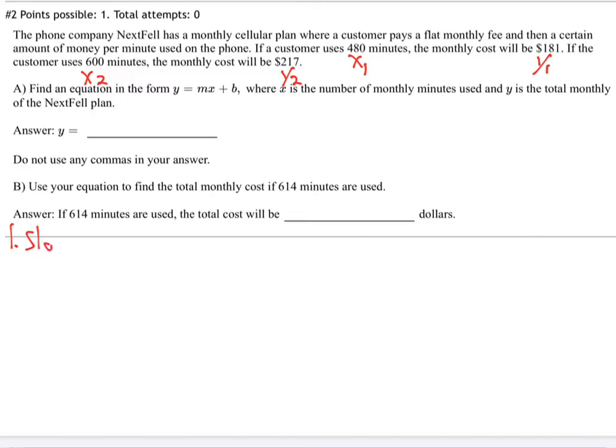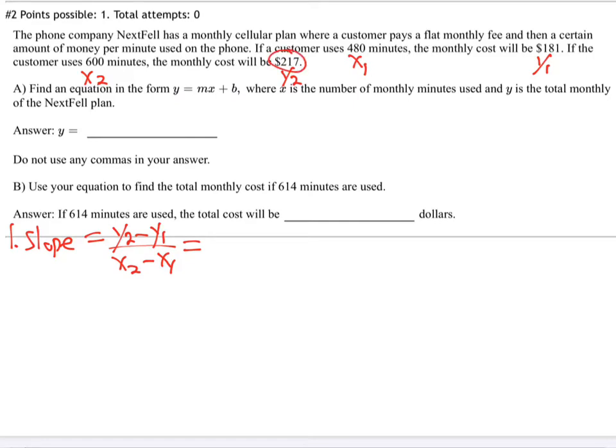So step 1, find the slope. How do we find the slope? We use all 4 numbers, right? y2 minus y1 over x2 minus x1. So the slope is going to be y2. Where's y2?